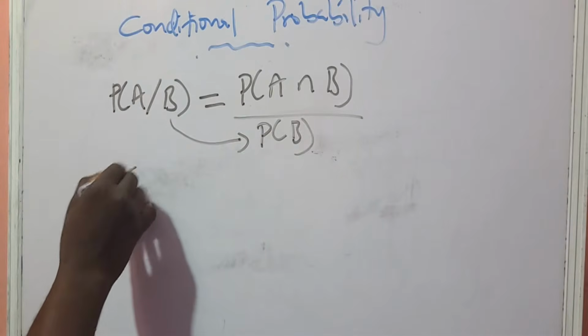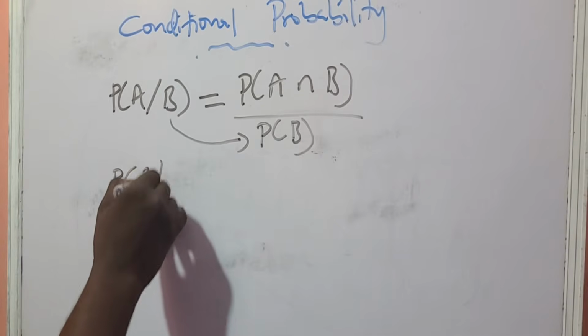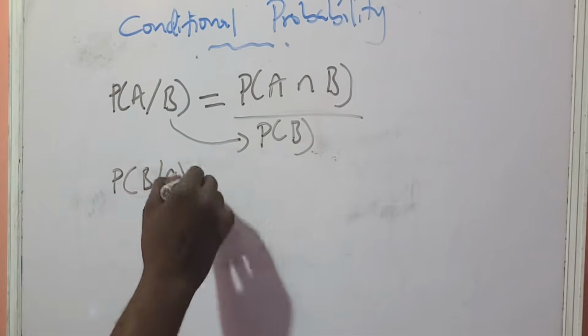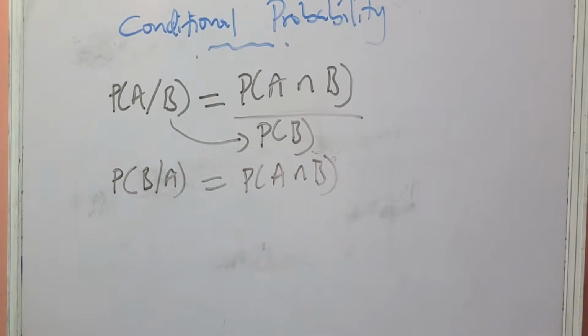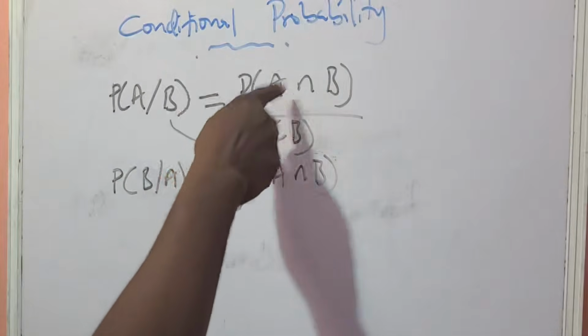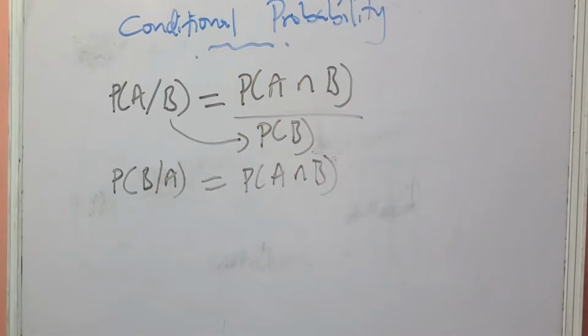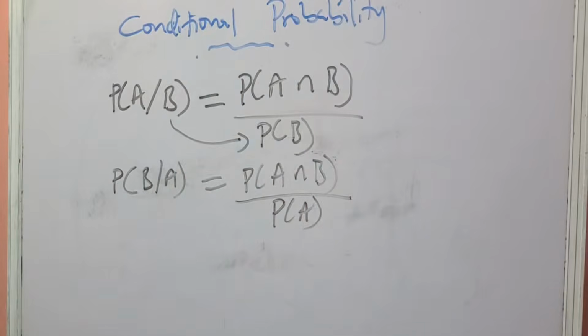We also have another possibility of you dealing with the probability of B given A. Obviously, this will be the probability of A intersection B. In this case, we don't have to be writing B intersection A, because A intersection B and B intersection A will always be the same thing. But in this case, the denominator will be over the probability of A. All right. So this is the general formula while dealing with conditional probability.